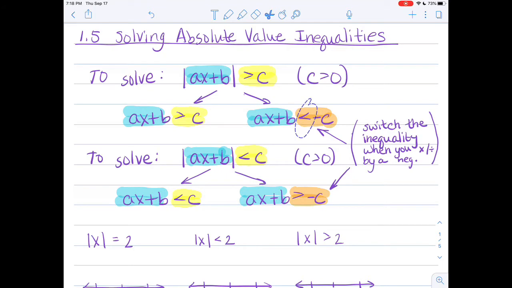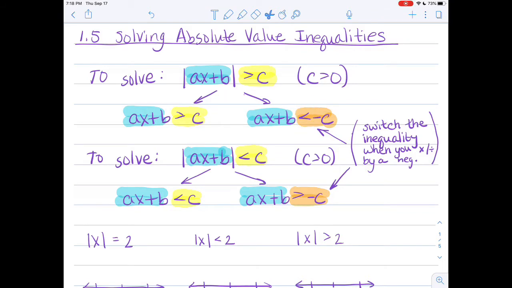Notice that we went from a greater than to a less than symbol when we switched to a negative C. That's because when you divide or multiply by a negative number, you have to flip the inequality around in order to maintain a true statement. So again, this is changed from a greater than to a less than symbol.